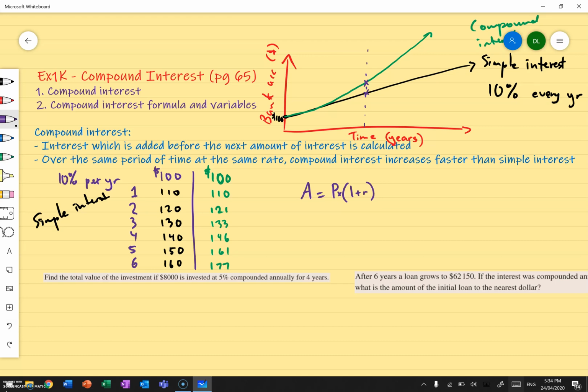We'll go with writing 1 plus R over 100 to the power of T.